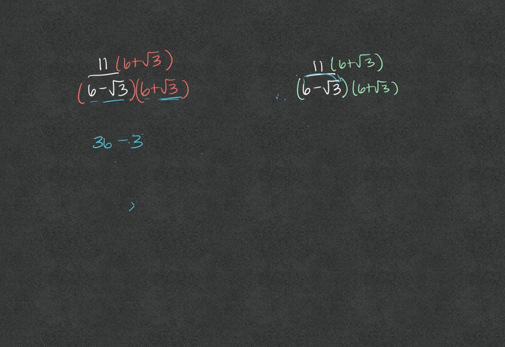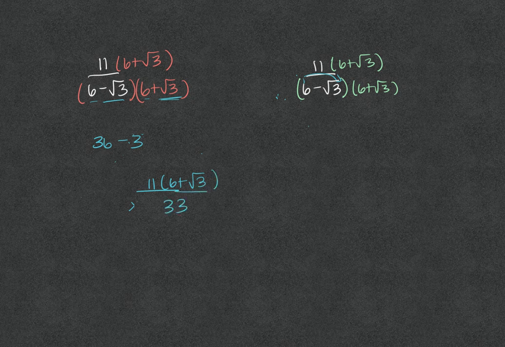So we have successfully rationalized the denominator. We got rid of the irrational gross square root. So we end up with 11 times 6 plus the square root of 3, all over 33.